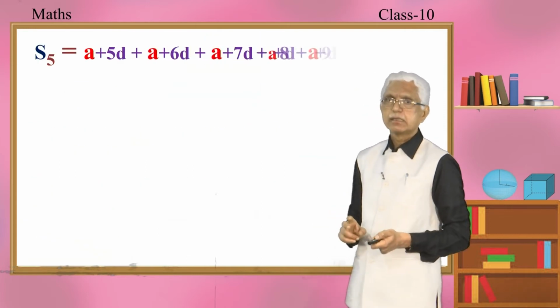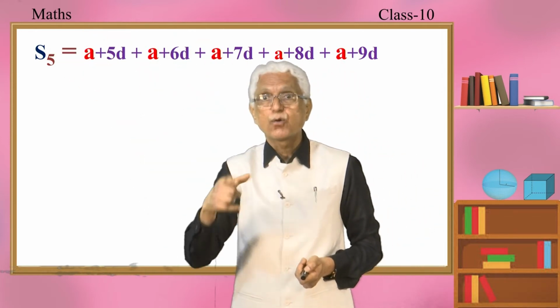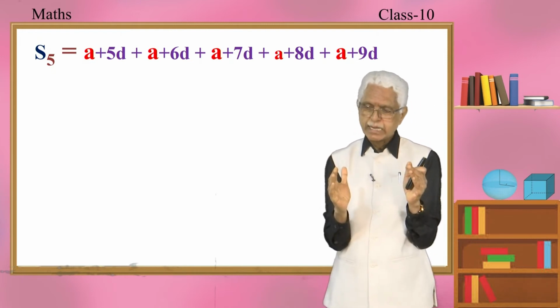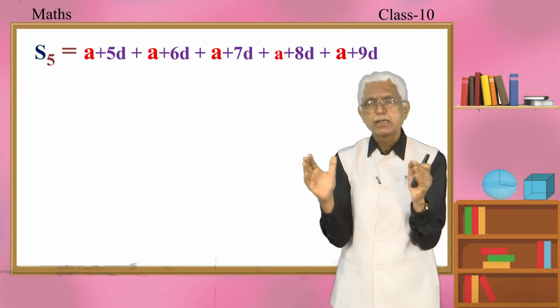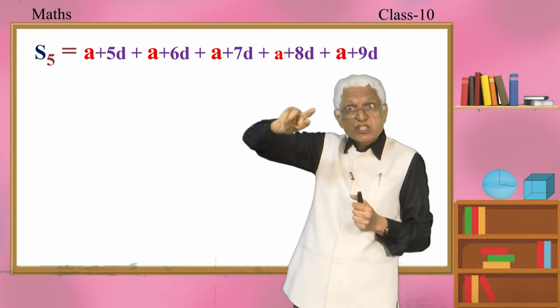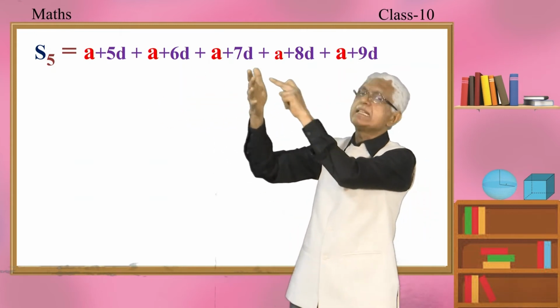Next, children, they gave you that the sum of the next 5 terms is 125. The first 5 terms are A, A plus D, A plus 2D, A plus 3D, and A plus 4D. Next means 6th, 7th, 8th, 9th, 10th terms, correct?